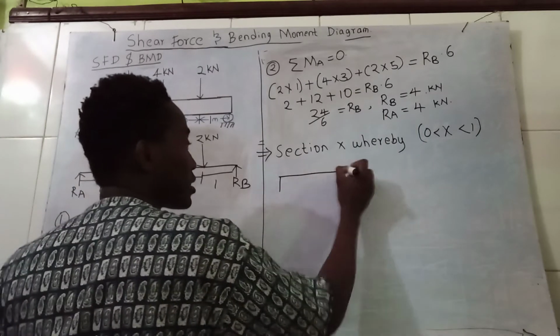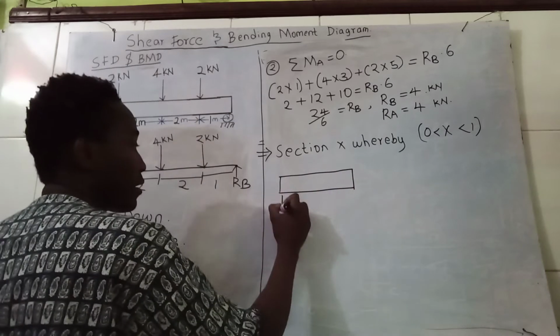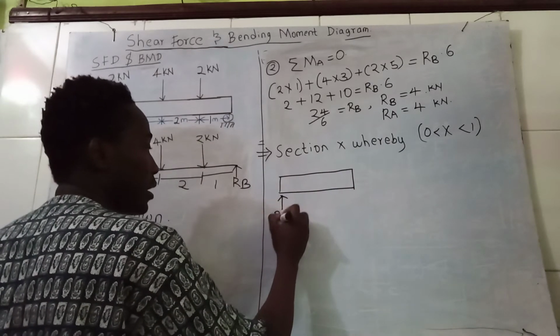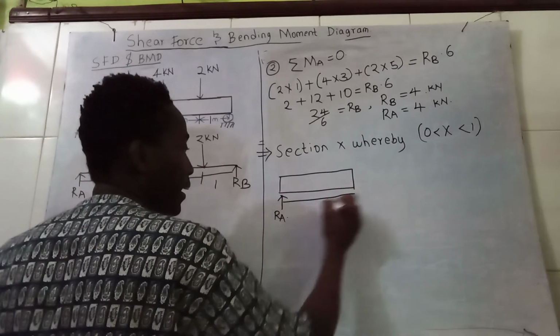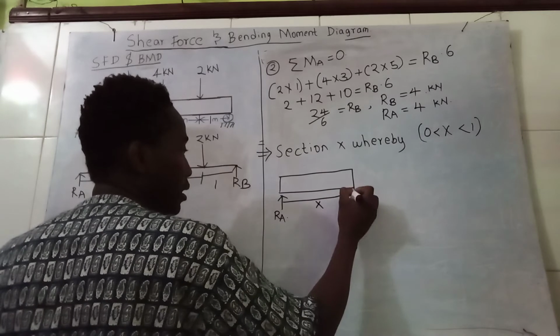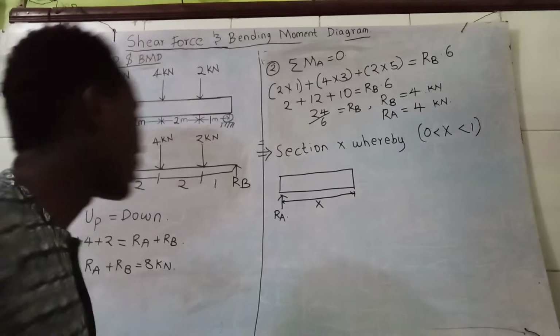So I'm going to consider that section. So once I draw it, we have a reaction force RA. Now this distance is what I'm calling X, a distance X, not 1, since X is less than 1.